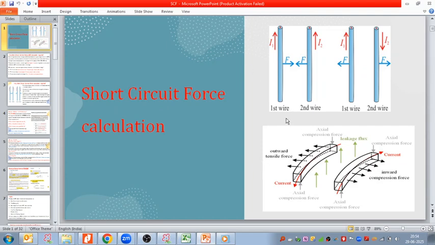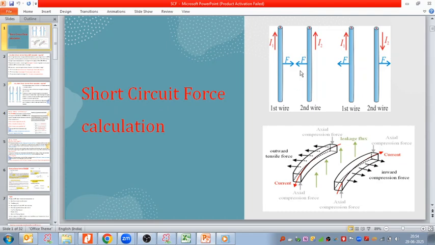that we have conductors. If current flows in the same direction, there would be attraction forces, and when current flows in the opposite direction, there would be repulsion forces. Due to these attraction and repulsion forces, there would be displacement in the conductors, and due to that displacement there would be force coming on the support structure.